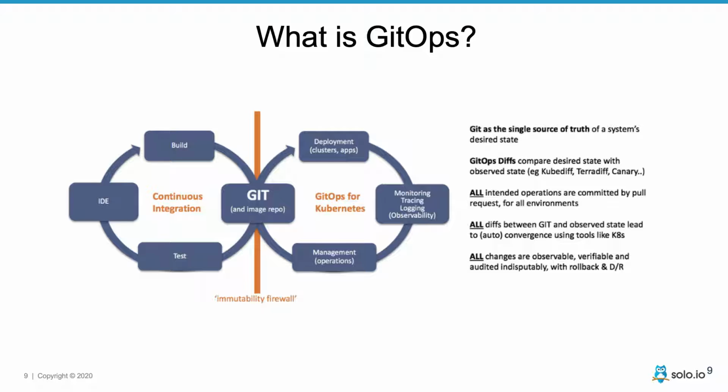And because Git is used, we get the ability to control changes via Git pull requests, and also rollback and audit. So Git really provides us those other fundamental requirements around change.